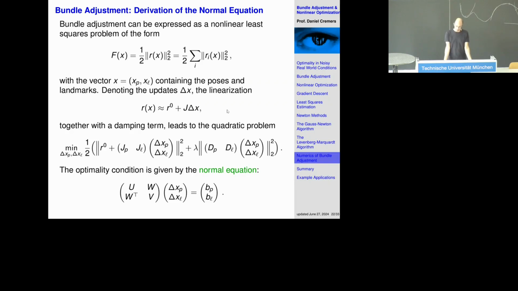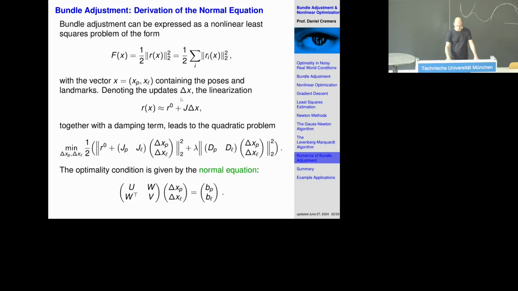So this is a linearization of the residuals that we do here. Right? So they're nonlinear, but we linearize them with a Taylor approximation, and then we have an update, so the change in our unknowns, delta x.